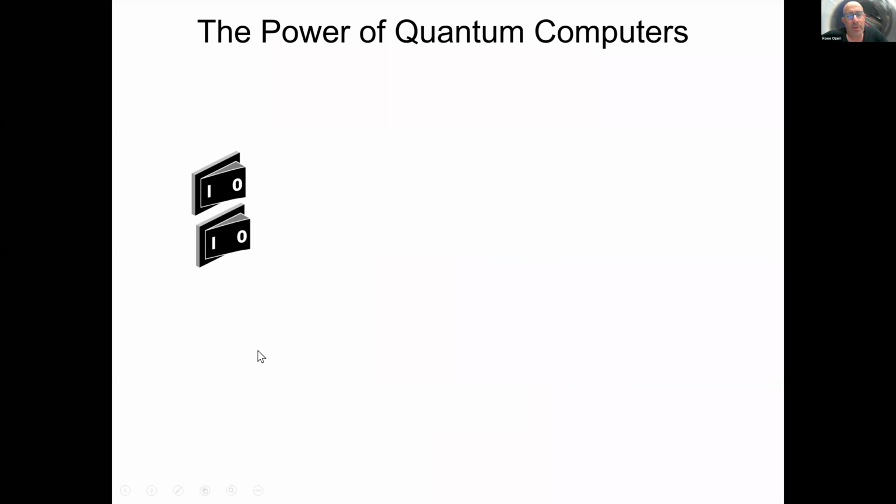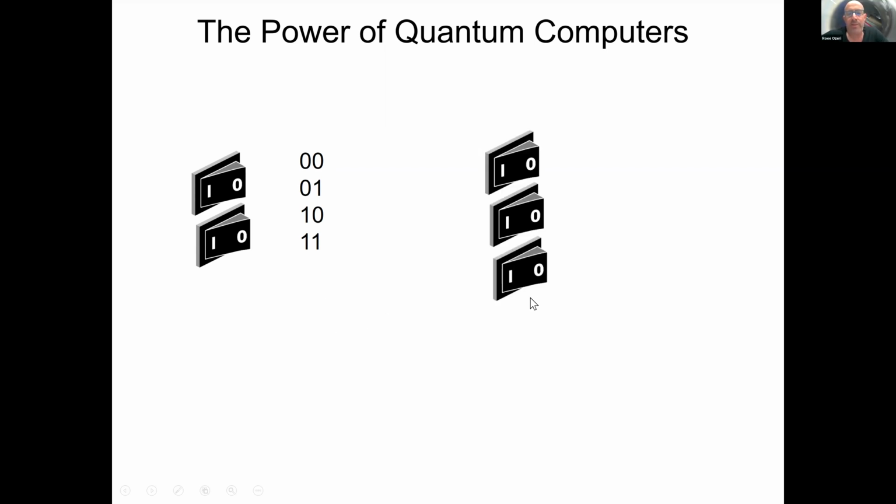So what happens when we think of 2 bits? 2 regular bits are 2 switches. Each one of these switches has 2 states. These 2 bits have 4 possible logical states: 0 0, 0 1, 1 0, and 1 1.